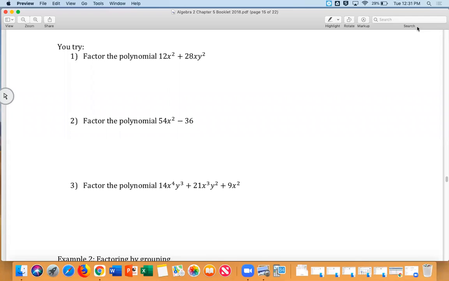What number's going into 28? Right there. Well, they're both even, so you know 2 goes in there. My advice would be to divide them both by 2 and see what's left.